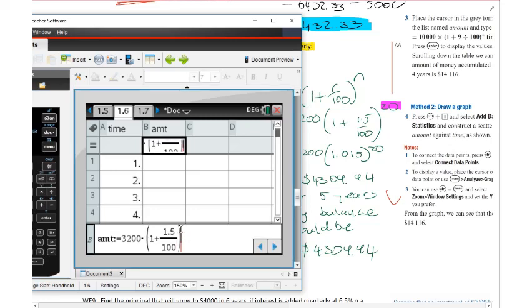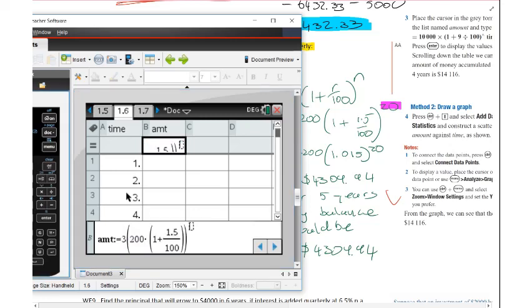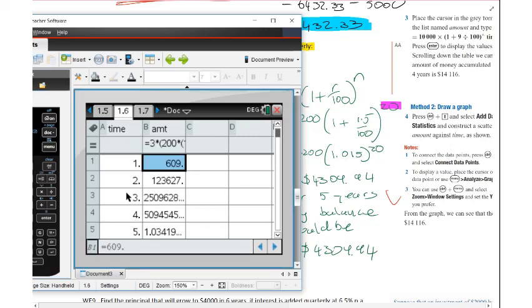Then I go outside the bracket to the power of, and this is where I type in time. T-I-M-E. Press enter, and voila.